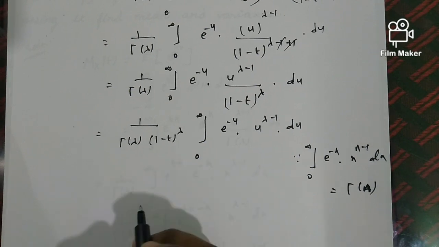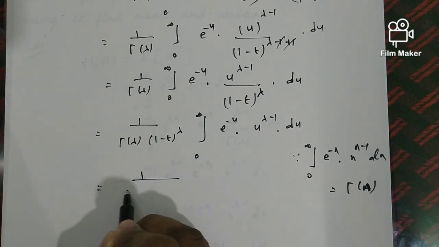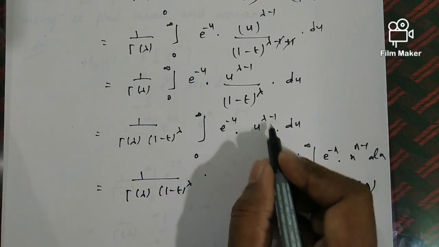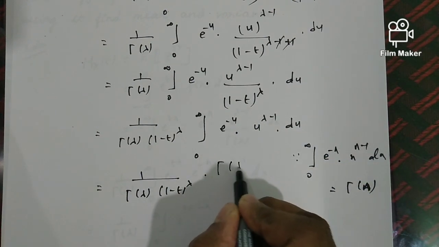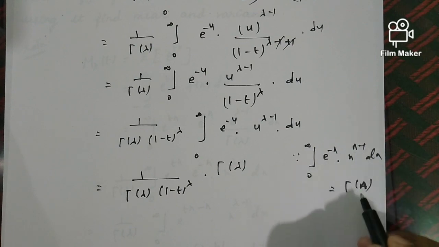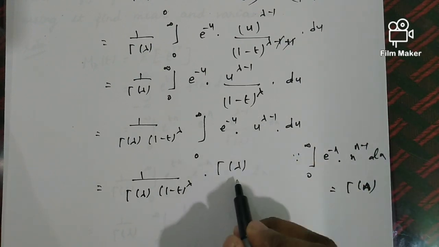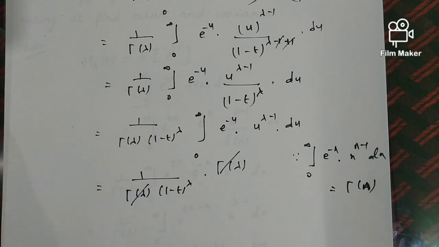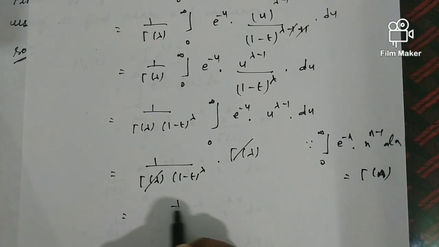So this can be written as 1 by gamma of lambda into 1 minus t power lambda, into gamma of lambda. We can cancel these two. So the final answer is 1 by 1 minus t power lambda.